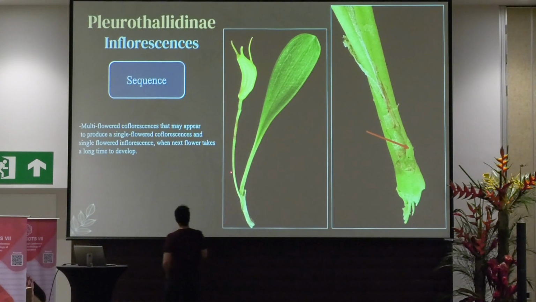So these species of Masdevallia have been described as having only an inflorescence of one flower, but they actually produce multiple flowers, but the next bud takes a lot of time to develop. So here you can see the bud of the next single flower coflorescence. So they are always described as having a single flower inflorescence.